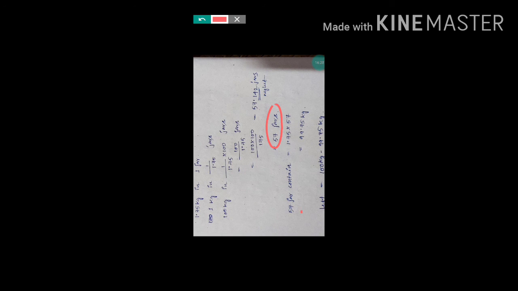So 57 jars, and capacity of one jar is 1.75 kilogram. That means total we have got 57 small jars after calculating. So if you calculate, you will get the total quantity of jam stored in all the 57 vessels.